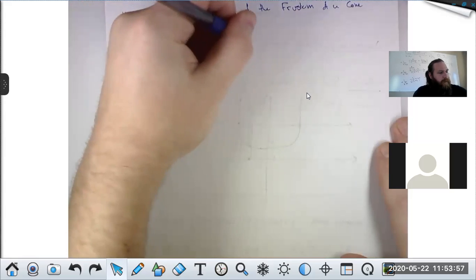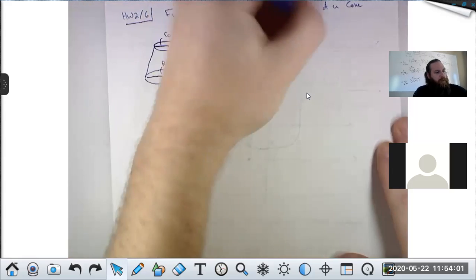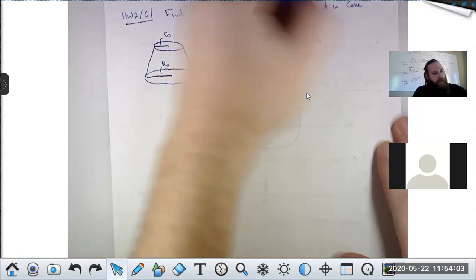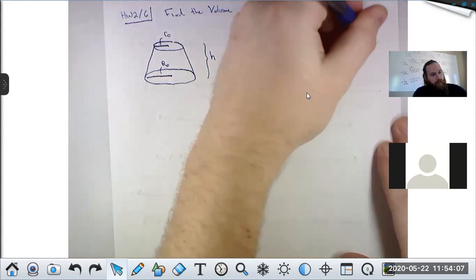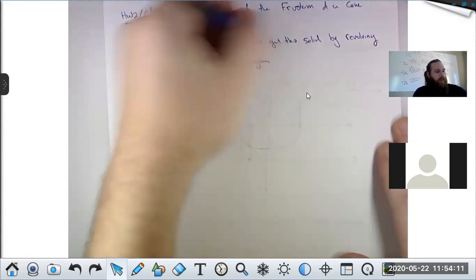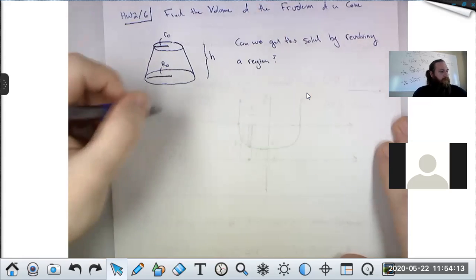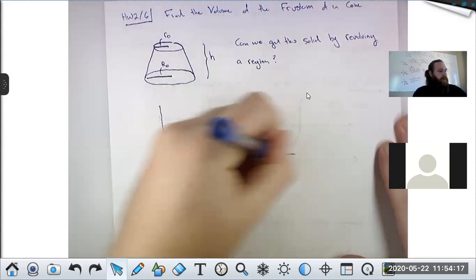So can we get this solid by revolving a region? The answer is yes, especially if you're willing to turn the thing on its side. It's fairly easy to see.